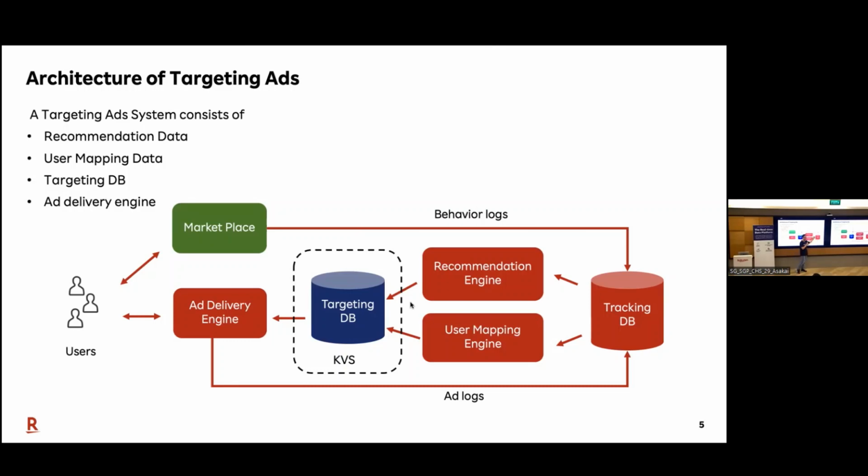And by the machine learning engines, with the recommendation engine and user mapping engines, we aggregate and clean that data and make use of it in the targeted database for the ads targeted delivery.